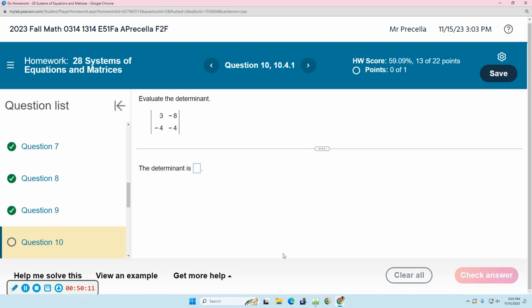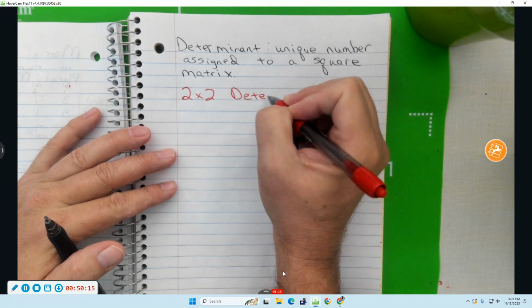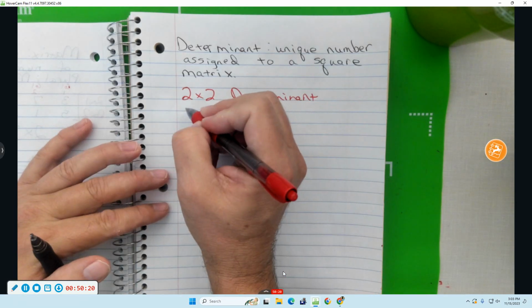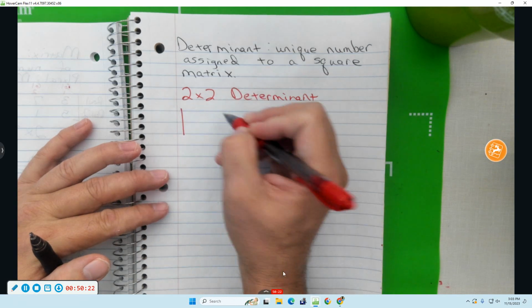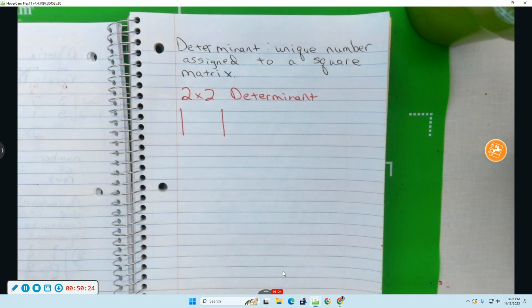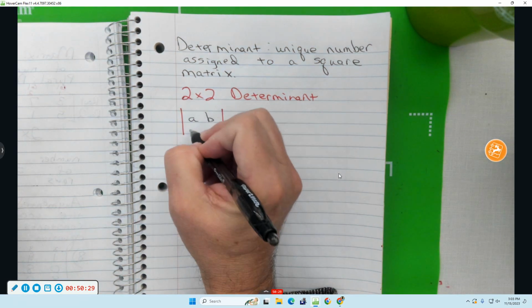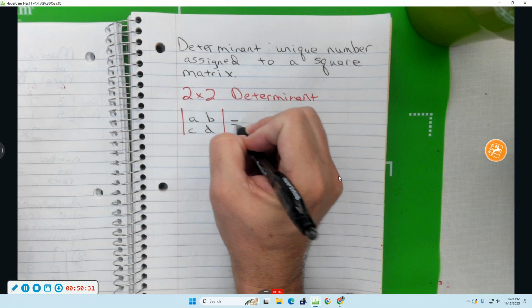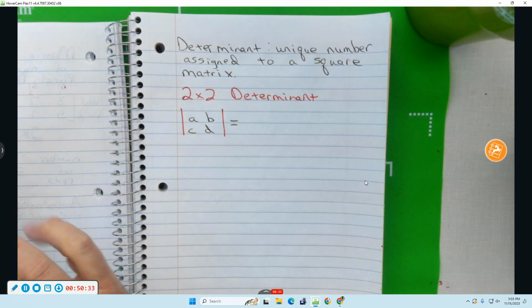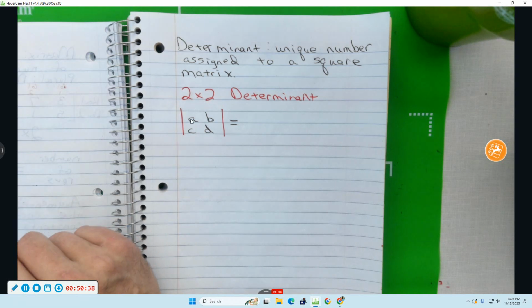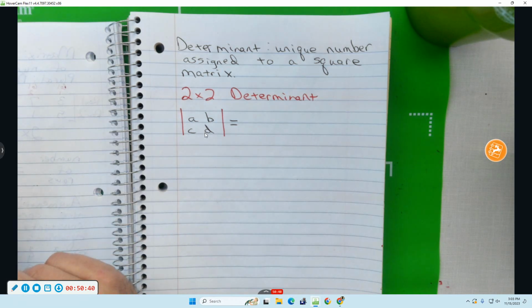The first thing we're going to do is look at a 2 by 2 determinant. So I'll state the formula for finding the determinant of a 2 by 2 matrix. A 2 by 2 matrix would have 2 rows and 2 columns, so it's 4 numbers altogether. Using the letters A, B, C, D, what's the first number up here?